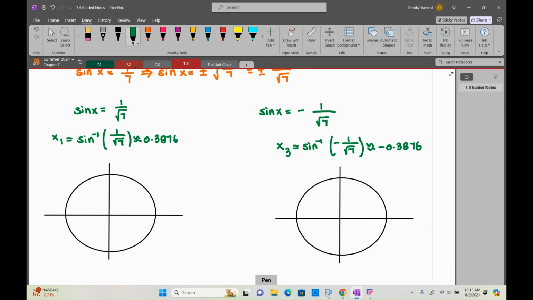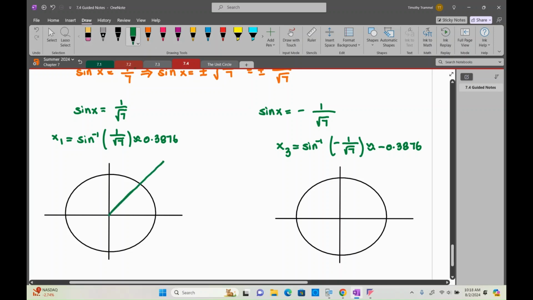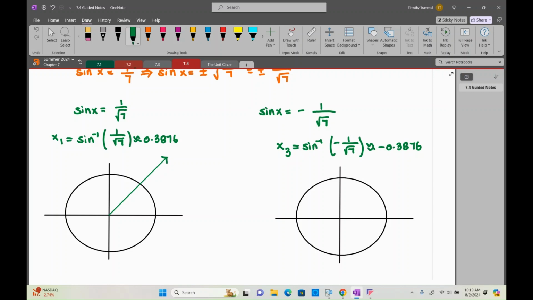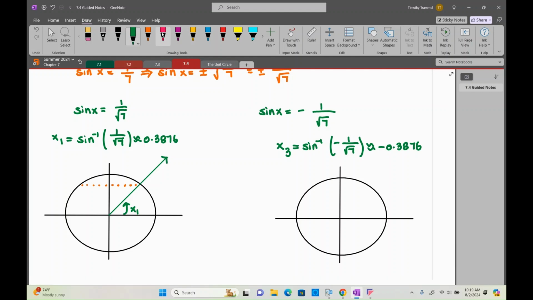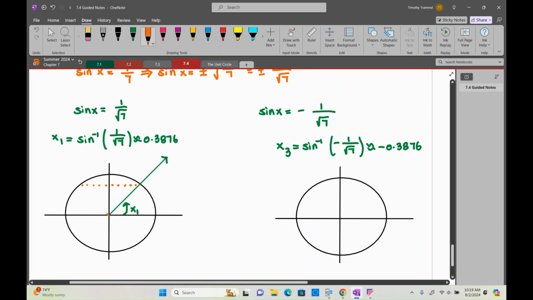So we could go ahead and make a sketch of the angle. Okay. Now, sine is the y value on the unit circle. So I want to find the other spot on here where we have the same y value. And let's just sketch this one in orange.